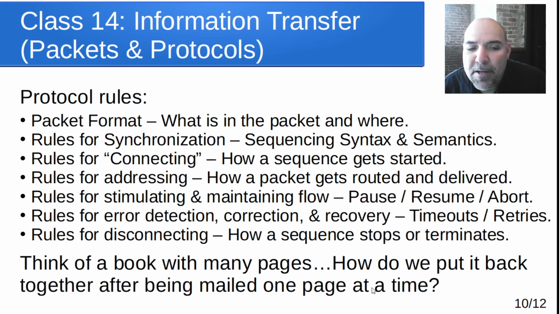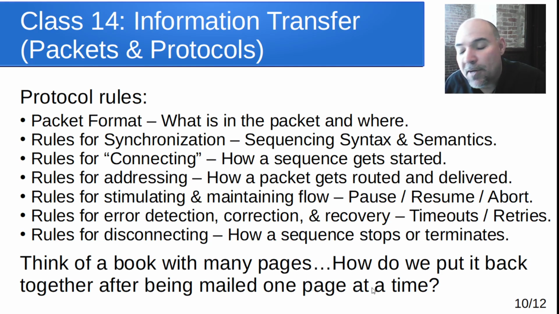So if you think about a book with a whole lot of pages and you want to send that through to another end in an envelope or a set of envelopes through the postal system, how would you put that back together after it was mailed one page at a time? The answer is you'd have to put the page numbers back in order. You could also think about it like you're carrying a stack of papers.